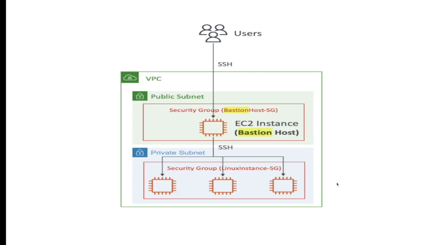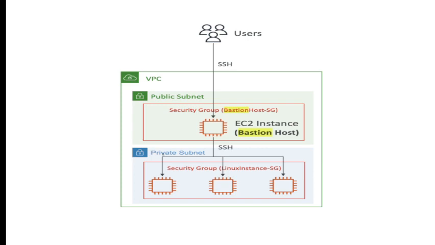Each VPC is logically isolated, and then within the VPC, you'll see two distinguishing subnets. The top subnet is what we defined as a public subnet, and anything in this public subnet will have access to the internet, and that's all allowed through the security groups.